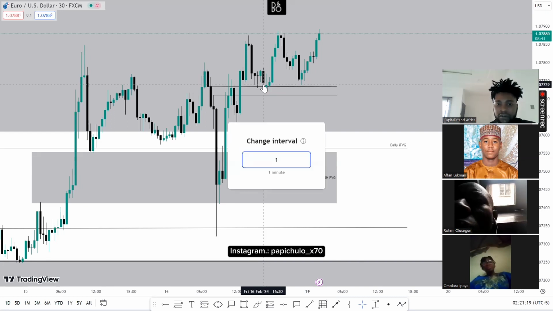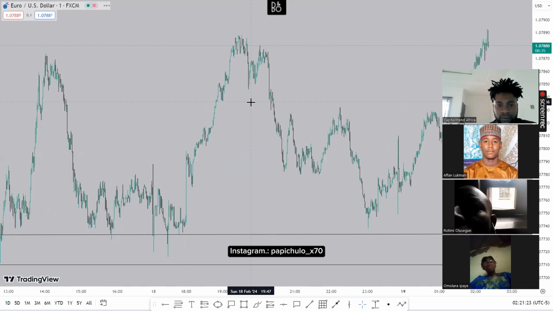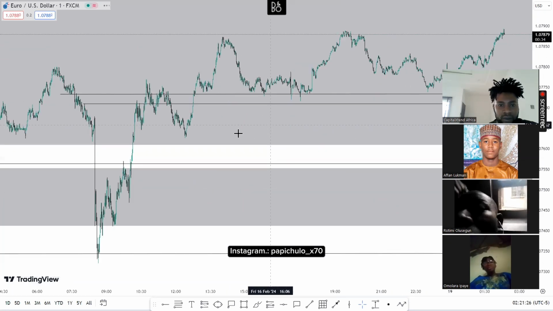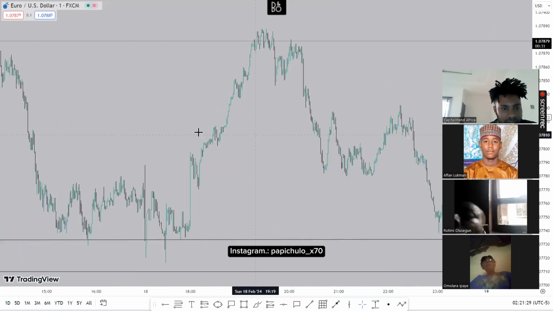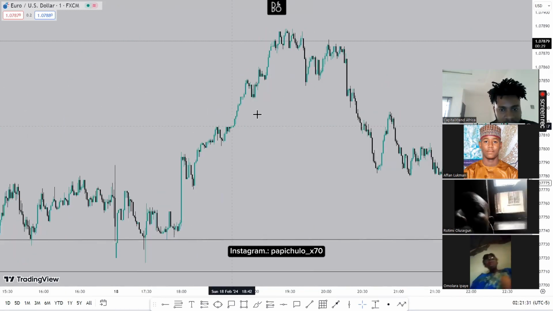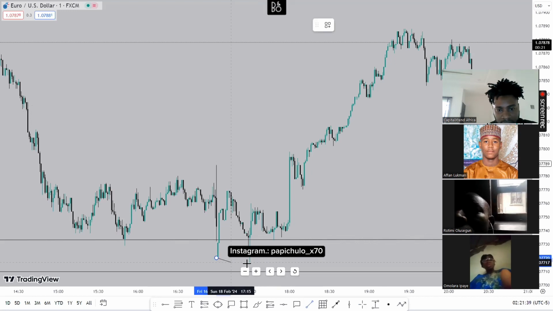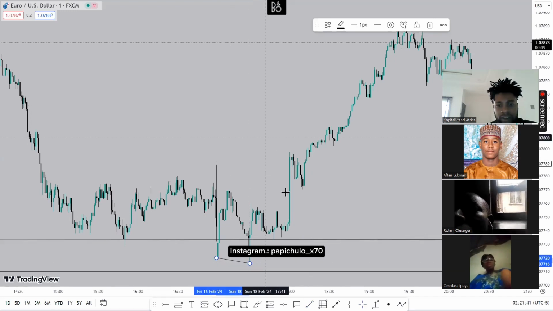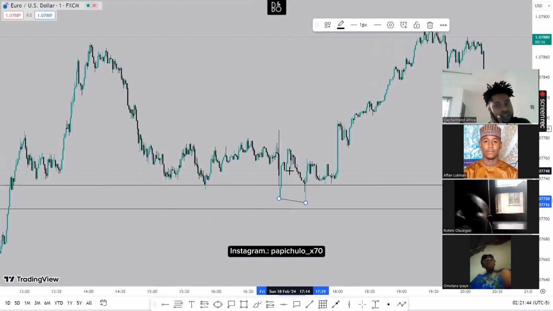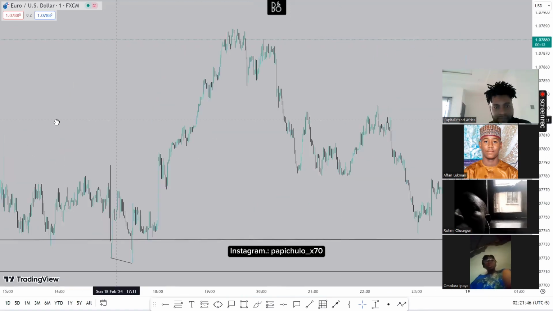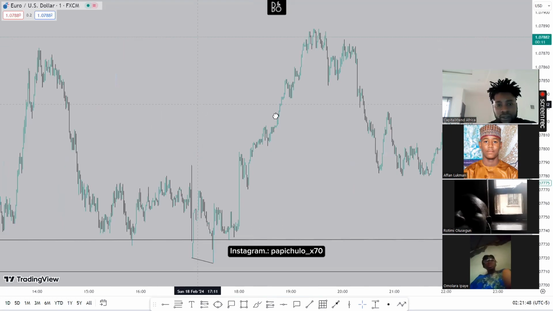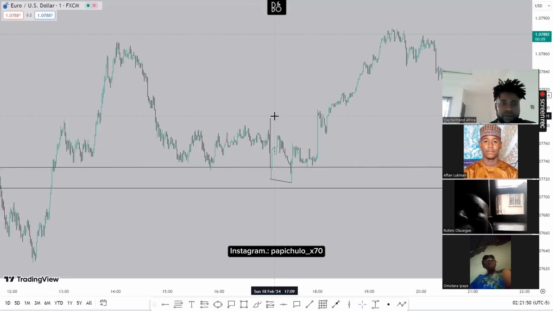The 1 minute gave me a confirmation somewhere here. I saw this SMT in the 1 minute, but I just don't want to do anything until I get a clear price delivery. That's why I didn't take the trade.